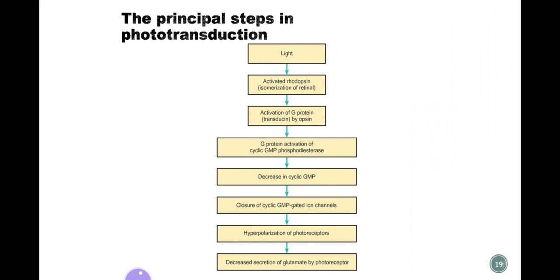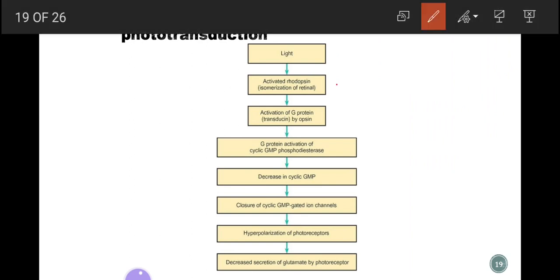These are the principal steps in phototransduction. When light falls, there is activated rhodopsin, activation of the G protein, transduction by the opsin. G protein activation activates GMP phosphodiesterase, which results in a decrease in cyclic GMP.